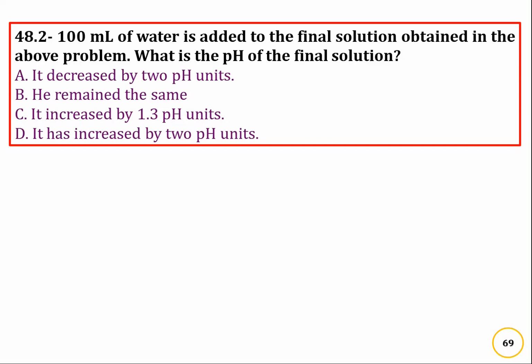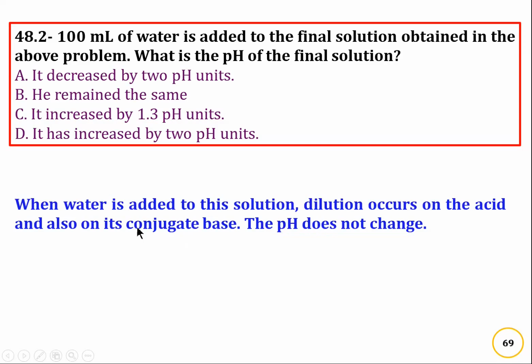By adding water, the solution is diluted, and as we know, dilution does not affect a buffer solution. So when water is added, dilution occurs on the acid and on its conjugate base in the same way, so the pH does not change. And the answer is B.